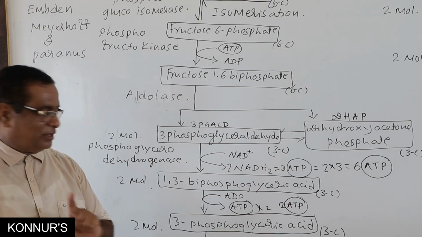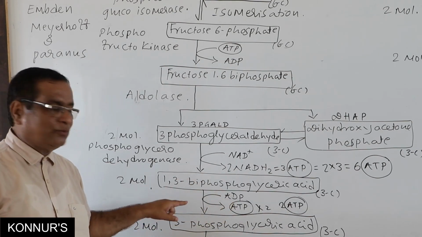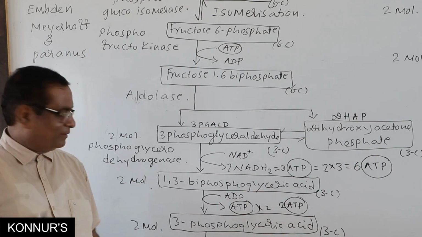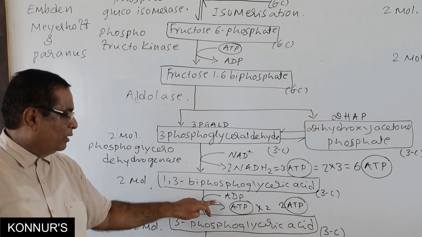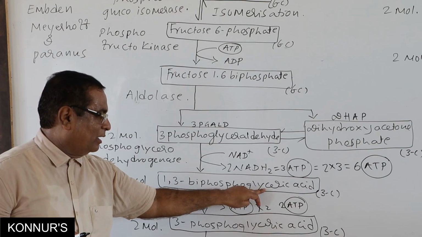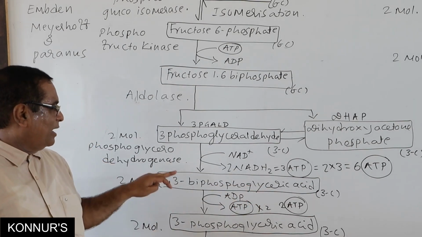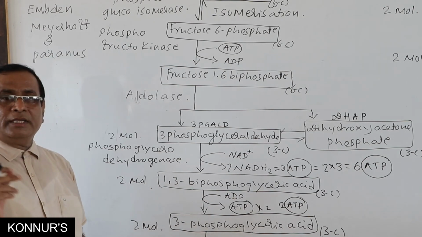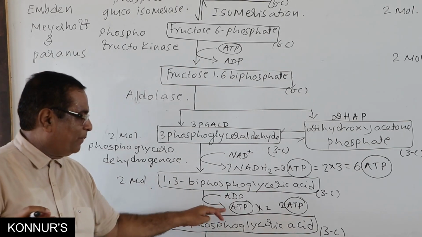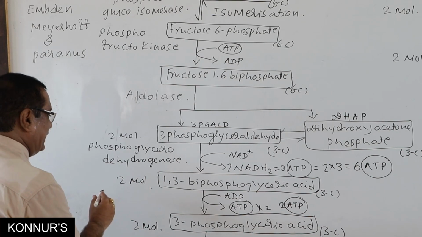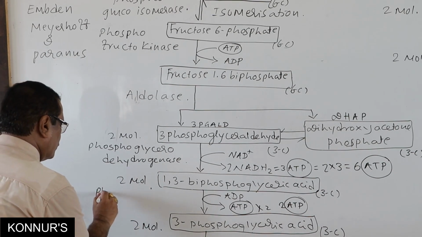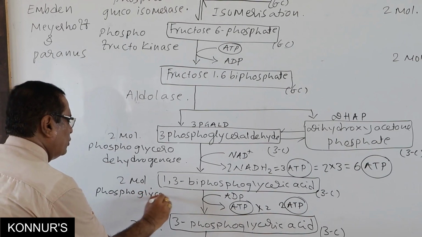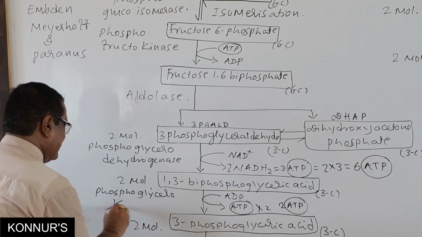I have mentioned that whenever ATP is used or released, the name ends with kinase. A glyceric acid having phosphate groups uses ADP and forms ATP. The enzyme is phosphoglycerokinase.